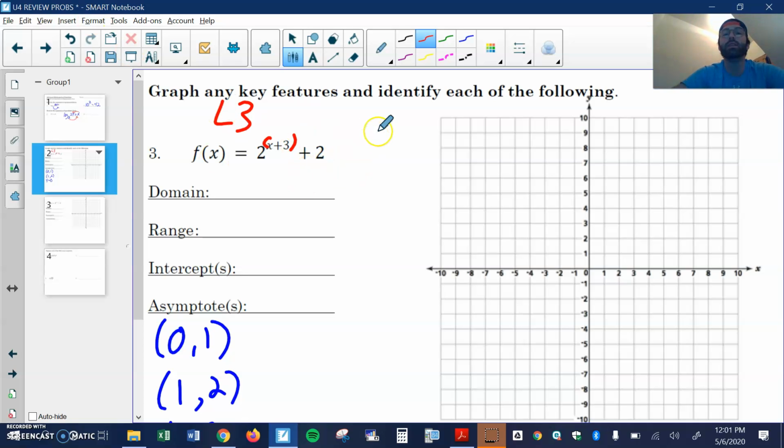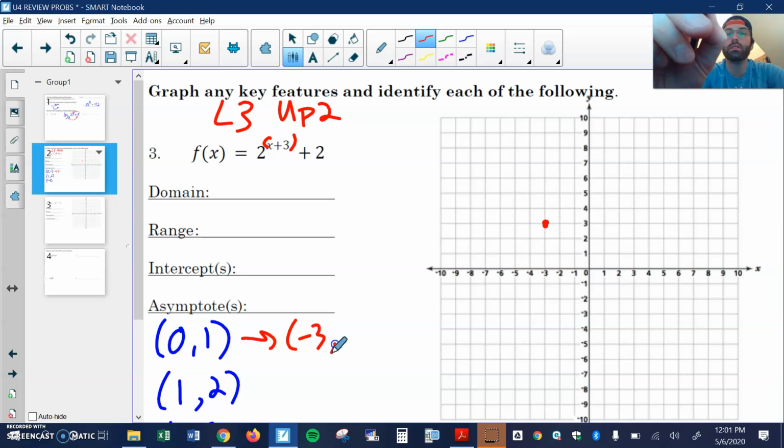And the plus 2 on the end shifts us up 2. So 0, 1, which is right here, moves left 3, 1, 2, 3, and then up 2, 1, 2, to that point there. So this became negative 3, 3.